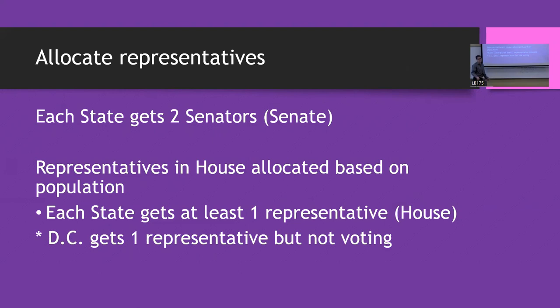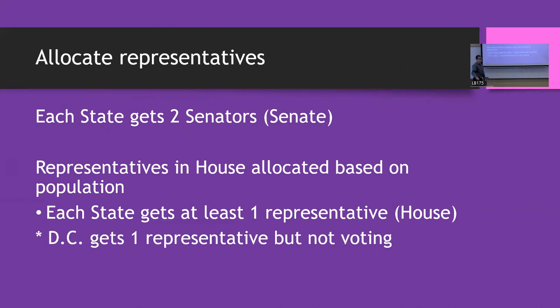But it's fair to say that in terms of the House of Representatives, it's based on population. So some states get more representatives. California has a lot, maybe 40 something. And some states only have 1 representative.